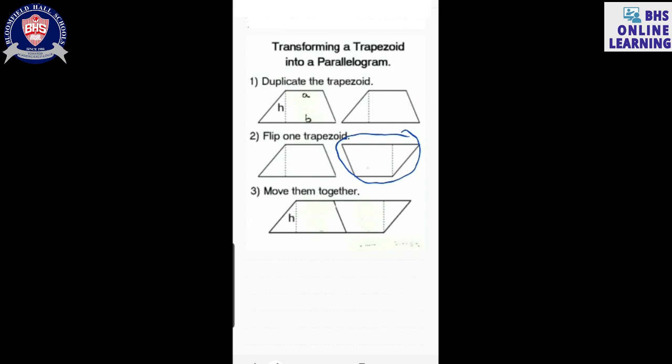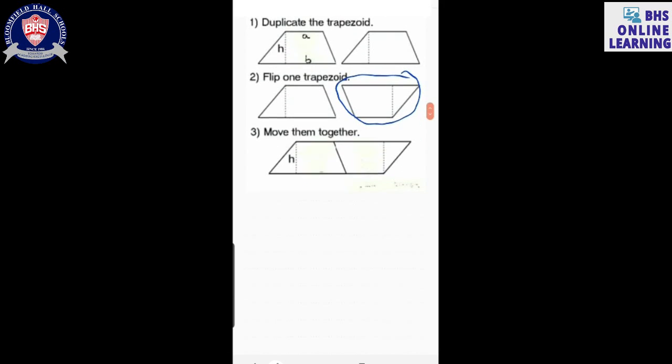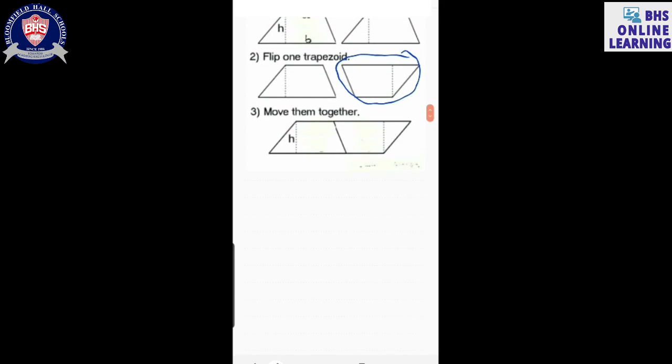When we combine two trapeziums, it changes into a parallelogram. Look at this third picture. It is a parallelogram. That's interesting. If I flip this trapezoid, I know that this is the B length, and when I flip this it becomes A, so that line is also A.